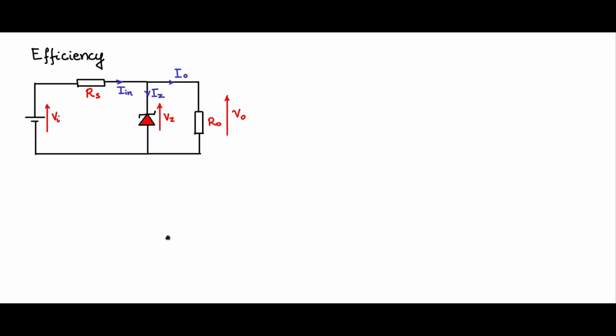Let us now see what is the efficiency of this circuit. Efficiency is defined as the output power divided by the input power Pi. Output power is V0 I0, input power is Vi In. So we can write it down as V0 I0 by Vi In. Let us express it in terms of input voltage and output voltage.